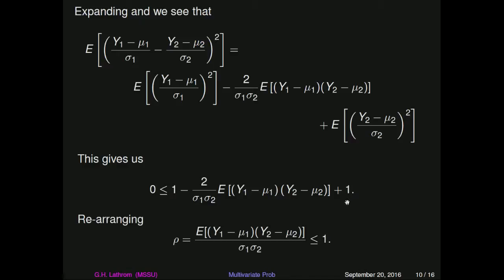Well, if we rearrange things, put our 1's together, and move the 2 over to the other side, sure enough, we see that the expected value of (y sub 1 minus mu sub 1) times (y sub 2 minus mu sub 2) over sigma sub 1 and sigma sub 2 is less than or equal to 1. And so that is our correlation coefficient.